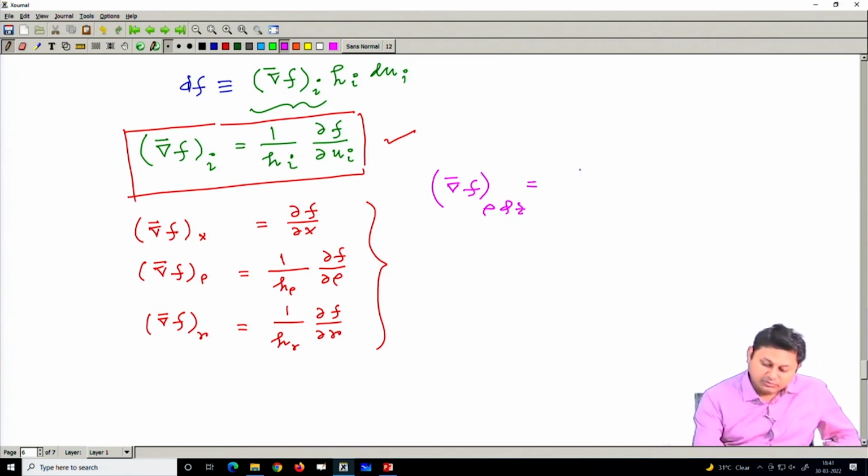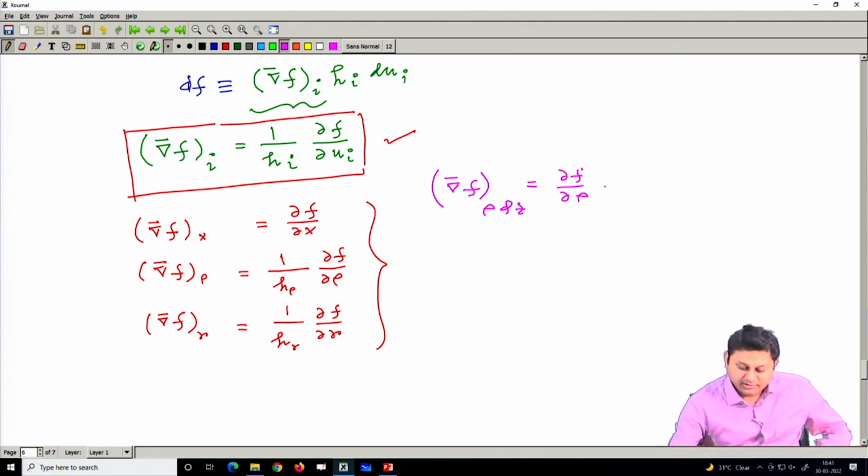The first value is simply del f del rho, with the rho unit vector, because h rho is 1. The second value is 1 divided by rho, then the phi unit vector, del f del phi.